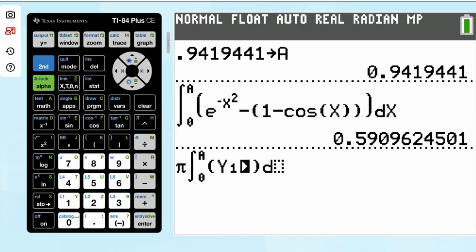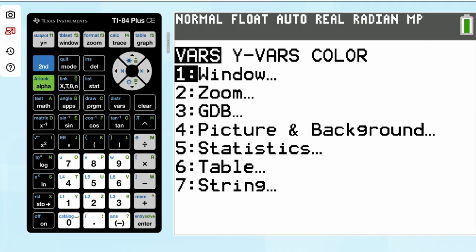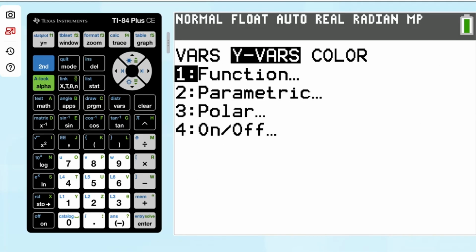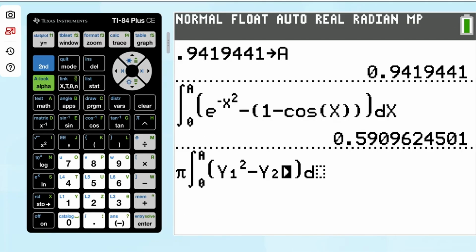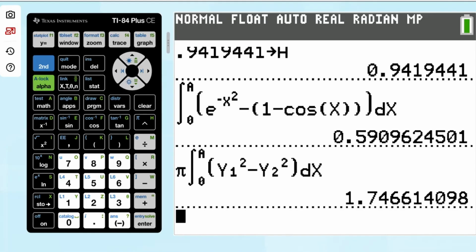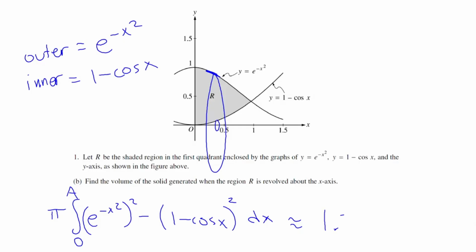So we'll just choose option 1 for y1, and then we'll square it. And then we'll subtract and do the same thing. Variables, VARS, the second column, and number 2. And then we'll square that one. And then there's no chance of typing it in wrong, messing up the parentheses or anything like that. And you just hit enter and get 1.747 when you round. And that's worth 3 points, 2 for the integrand and the constants and everything over there, and 1 for the final answer.